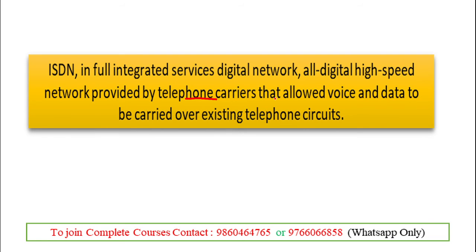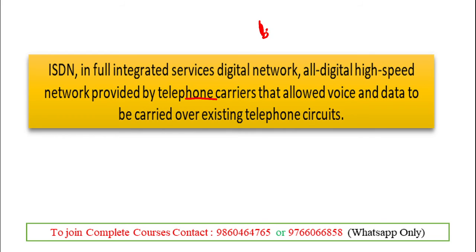You can see the internet we can use in this era. Also the telephone carries the high speed network, and that allows the communication or transmission of voice and data over existing telephone circuits.